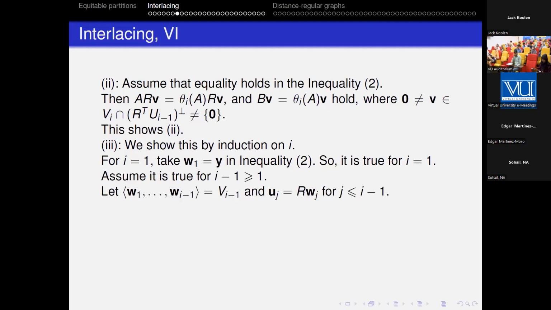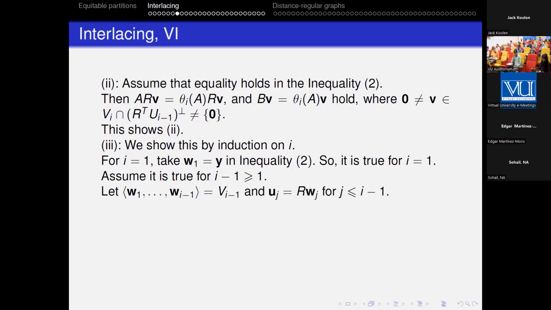So we take W1 to be y in inequality 2. Yes, that's exactly what we did. W1 is correct. Now we take W1 to W_{i-1}, the linear span of those, to be V_{i-1}. We want to rename them because we don't want them to be V1 to V_{i-1}: we may need slightly different eigenvectors to let it work.